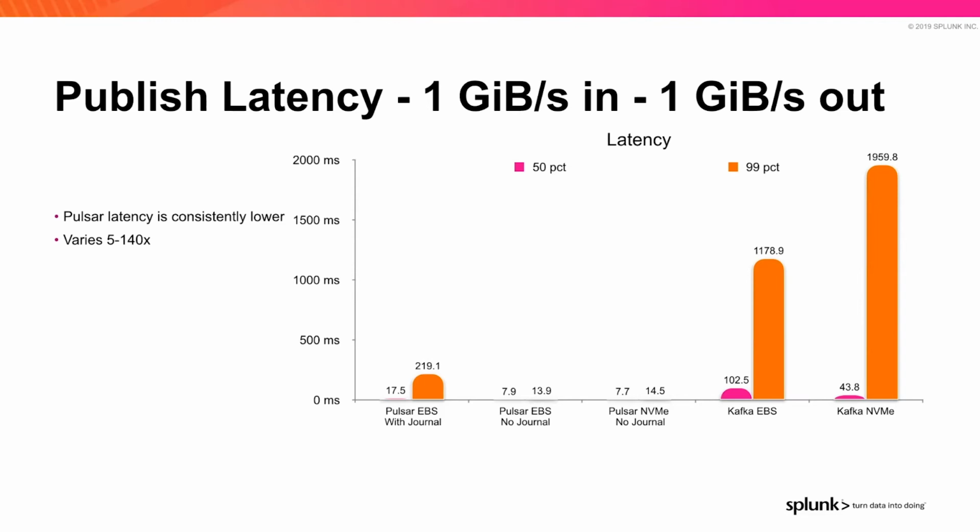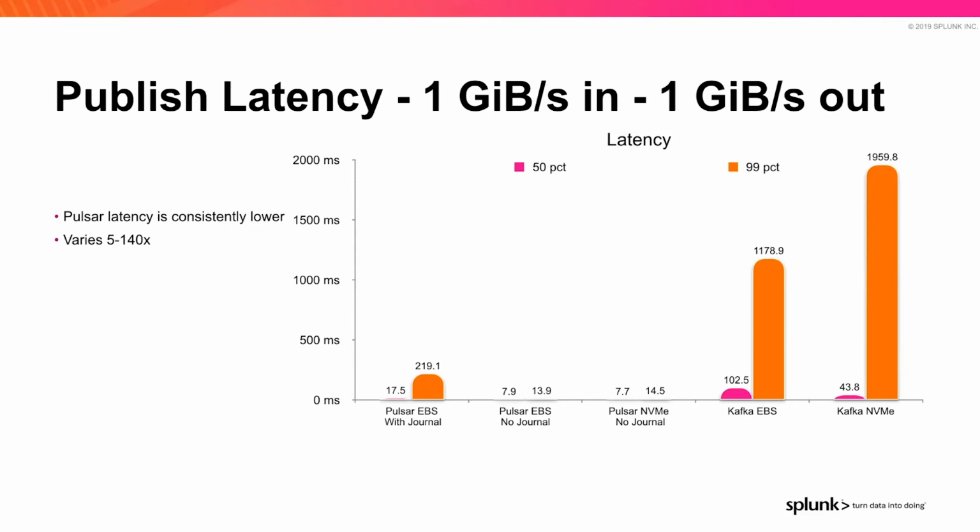Pulsar EBS with no journal means without any fsync, which means we have replicated durability. And Pulsar NVMe with the journal means with local disk, not EBS. And Kafka is EBS only because Kafka does not provide fsync capabilities. Even if it provides it, it's more of a background fsync, which does not provide the persistent durability that I talked about.